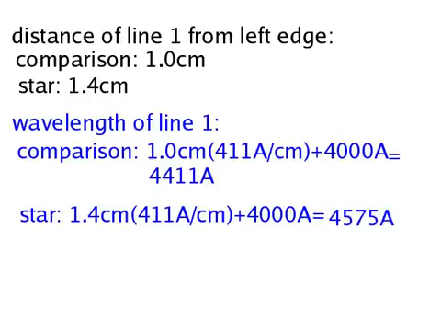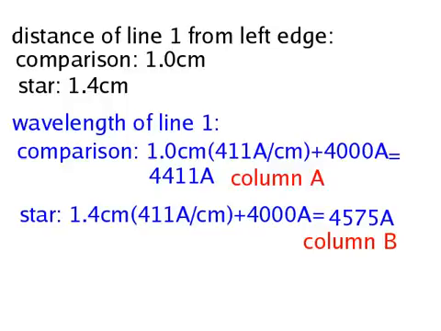So let me write behind the comparison line wavelength that this is our column A. And then our star line would go into column B.